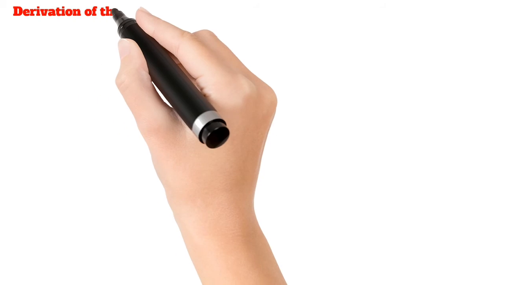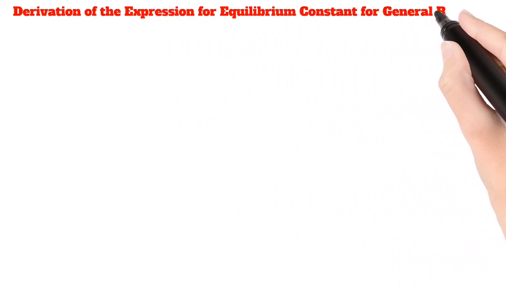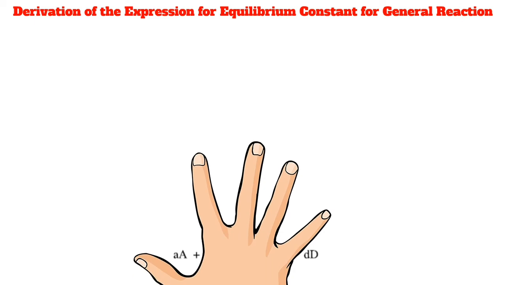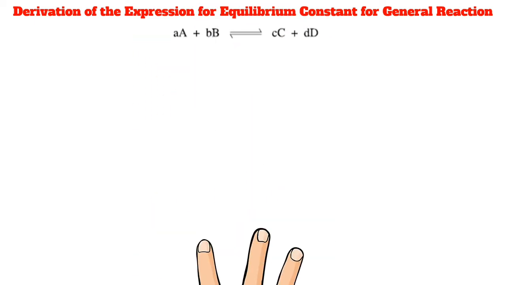Now we will see the derivation of the expression for equilibrium constant for another general equation. This general equation is similar to the previous one, but here the number of moles for reactants and products are given. This reaction is also reversible. It means products can be converted back into the reactants. In this reaction, small a, b, c, and d are the number of moles for capital A, B, C, and D. And it is clearly shown here that A and B are the reactants, whereas C and D are the products.